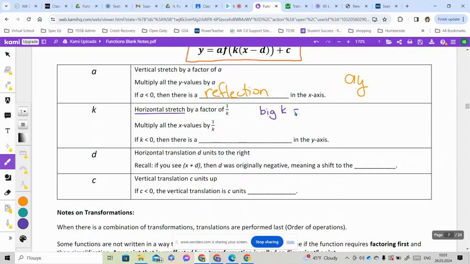Big K equals compress horizontally. Small k equals a horizontal stretch. So this one is the one that's counterintuitive.